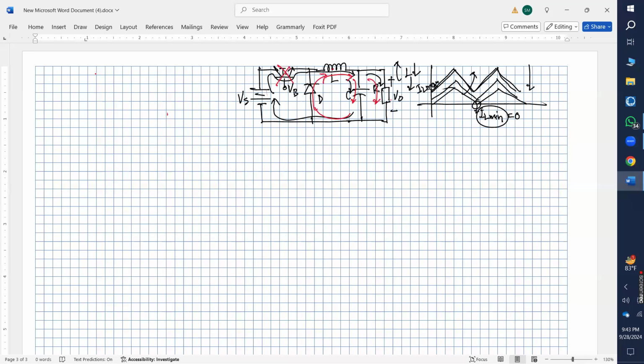Okay, sir. So if it needs to go in the backward direction, that is in this direction, is there any way that it can go? Because this diode will not operate and this transistor is already off, right? Yes, sir. So there is nothing to support this flow of current in this direction, right? Sir, if we add reverse polarity, then the current will flow backwards. Reverse polarity means? Sir, if we reverse the polarity of Vs, plus and minus.